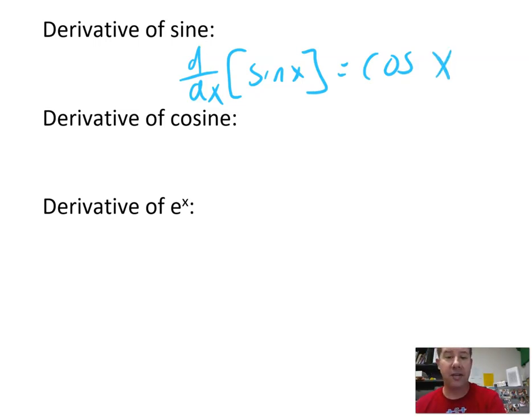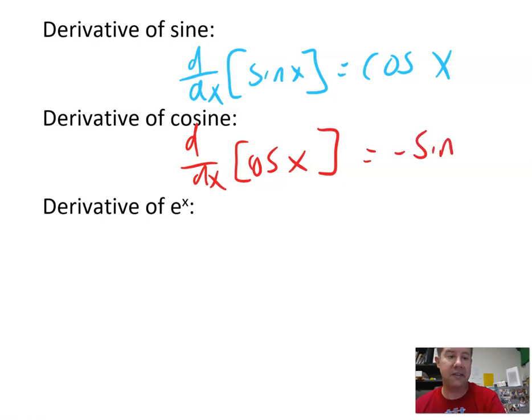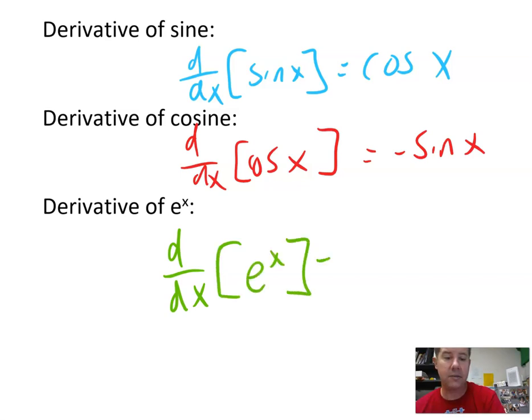If you take the derivative of cosine, it is negative sine. So watch out, those are a little confusing to begin with. And this one's my favorite: if you take the derivative of e to the x, that's e to the x. It stays the same. That's beautiful, right? So those are 3 derivatives you want to know and have memorized: sine, cosine, and e to the x.